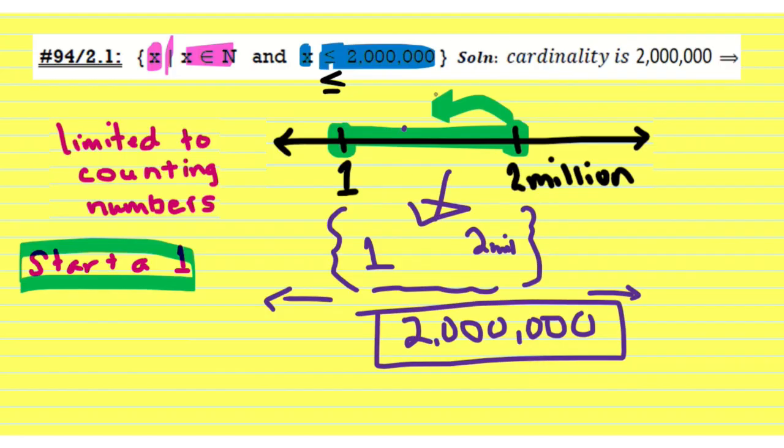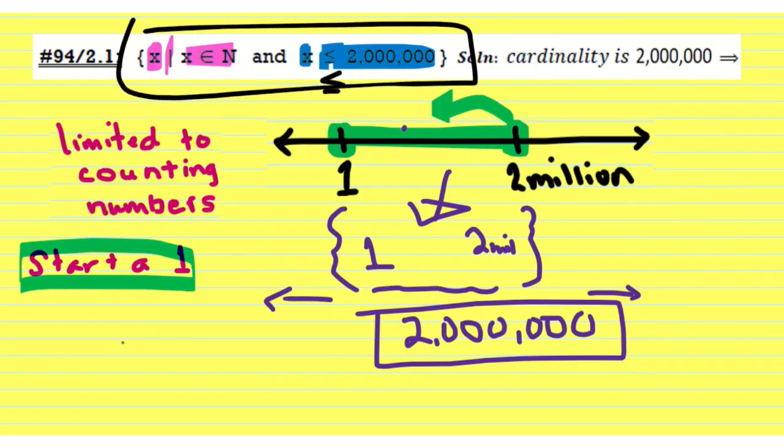So since we have a definite number, and it is a natural number, we can count up to 2 million. That means that our set that they have described up here is a finite set. We have a final number. We can count all the elements in this set.